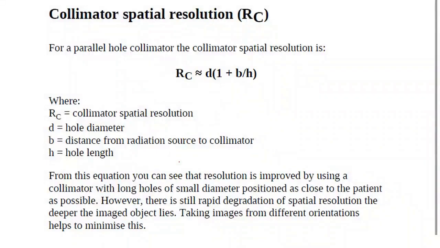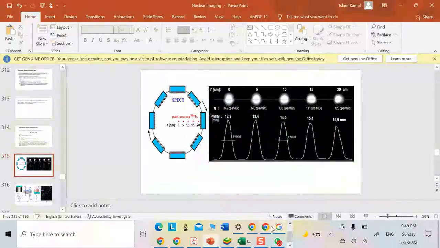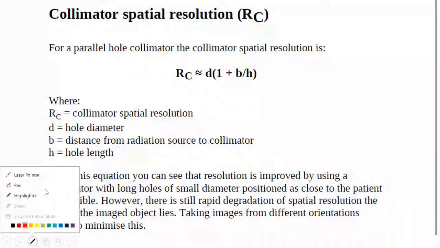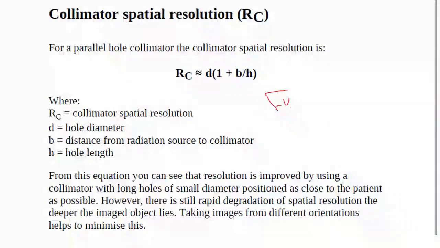Why is this equation made like this? I have the full width at half maximum, which is a measure of the spread of a distribution, equal to d times (h plus b) over h, where h is the hole length.